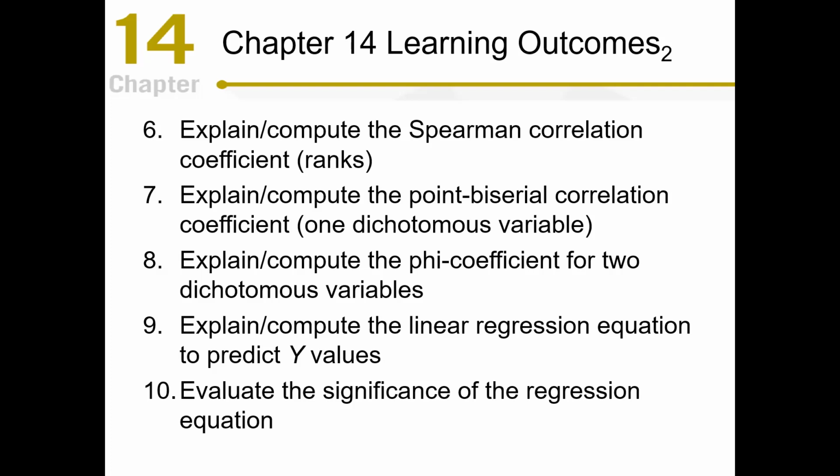And then you'll be responsible for knowing when to use them and why we use them. And then the last couple things is we'll talk about the linear regression equation. We'll talk about how we predict values of the y value based on our x value. So those things we'll be able to talk about and then work through some examples.